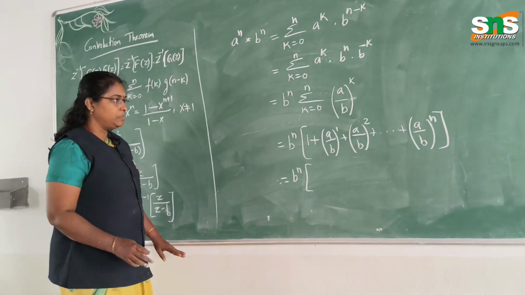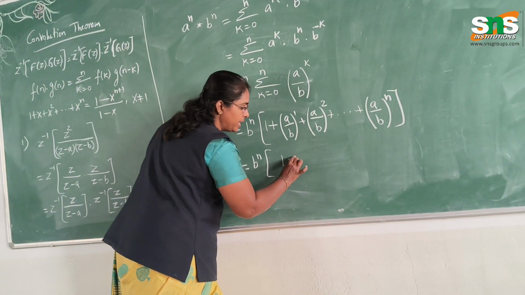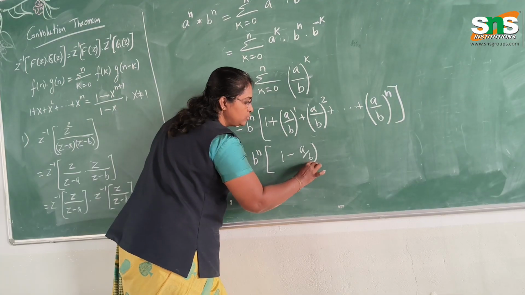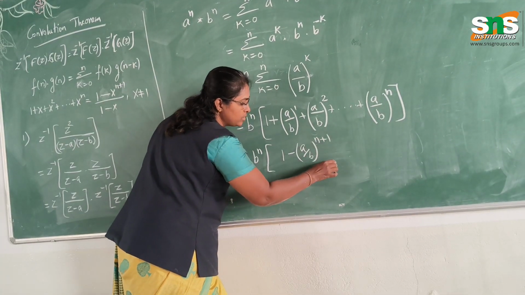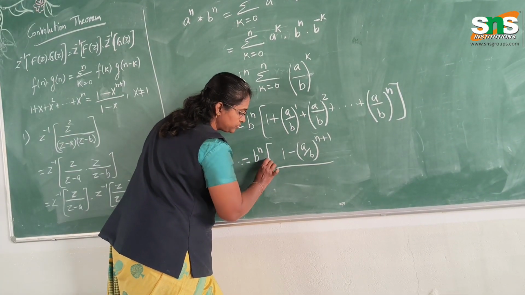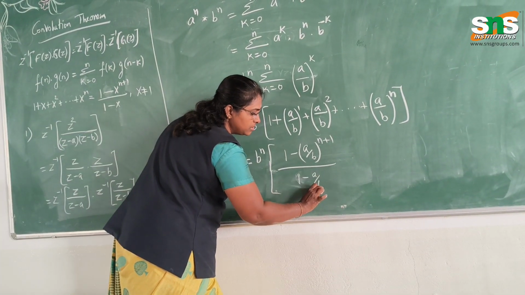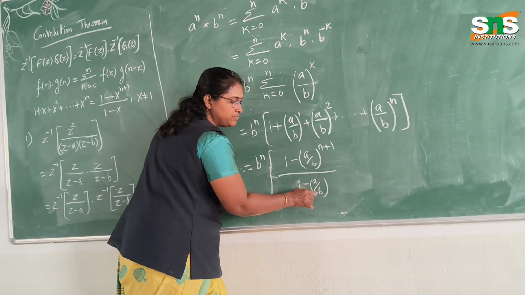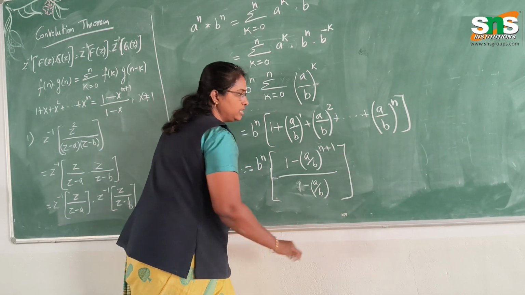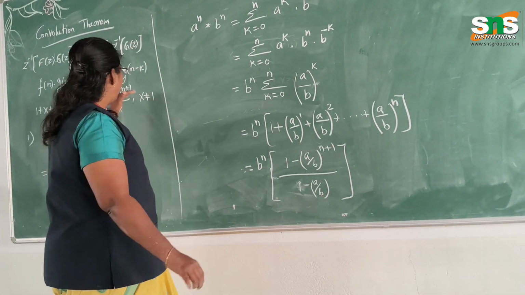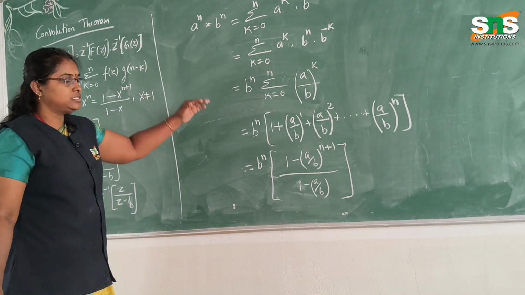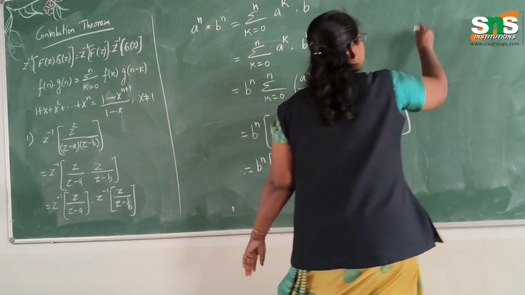So we get 1 minus (a by b) to the power n plus 1, the whole thing divided by 1 minus a by b. Instead of x, we replace these values. If you follow these six steps, you can easily get the next step.